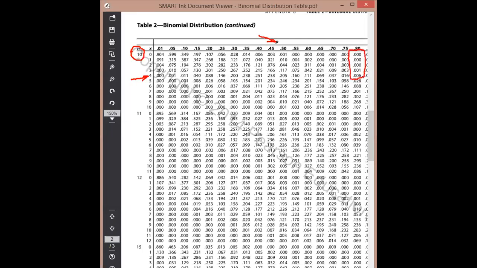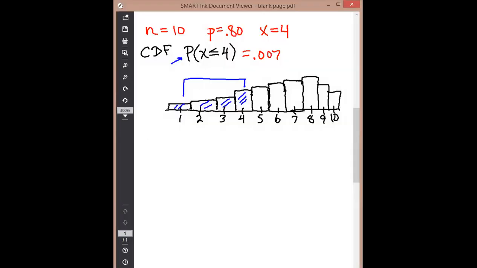The way they've rounded that off, that's 0.007. So all of those blue shaded ones added together is 0.007.